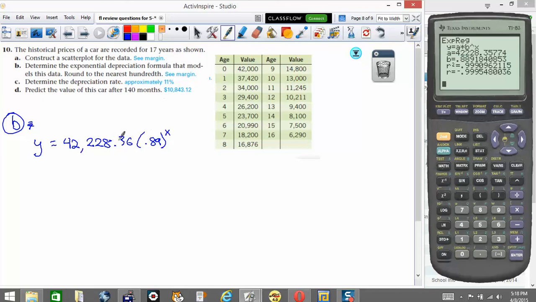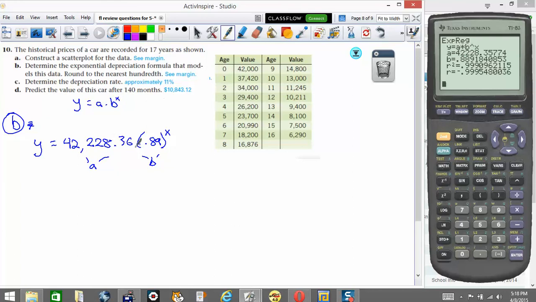So this is my A right here. This is my B. Remember, this is in the form y is equal to A times B to the x.